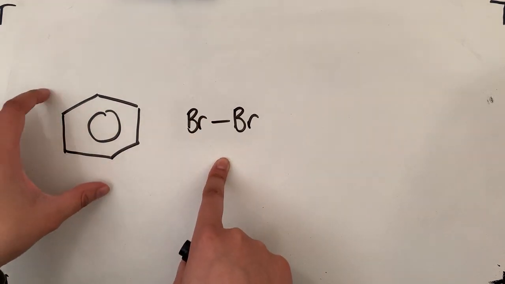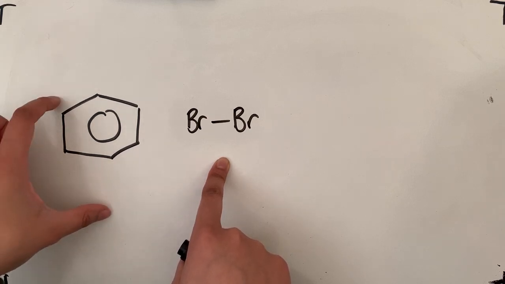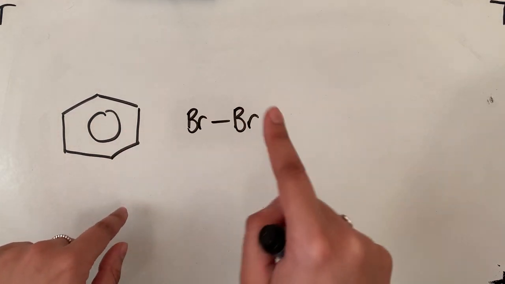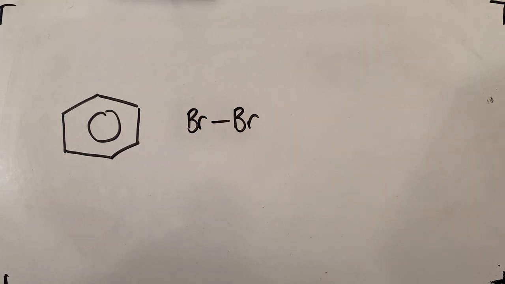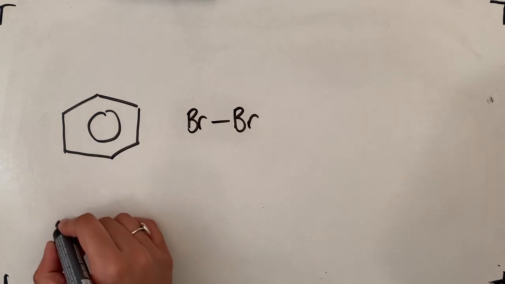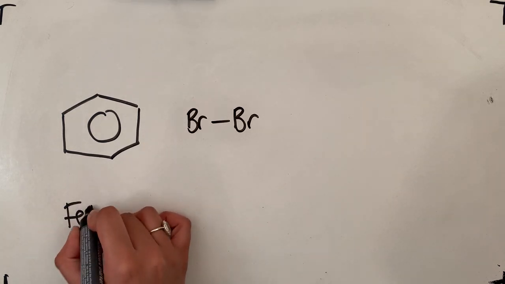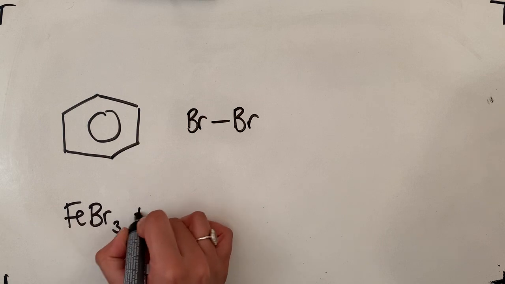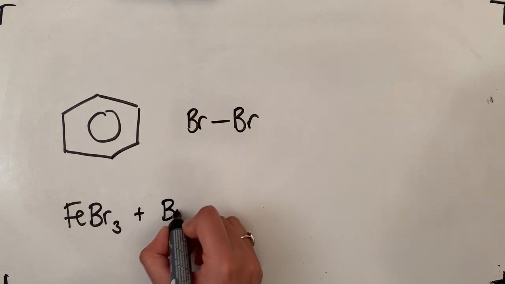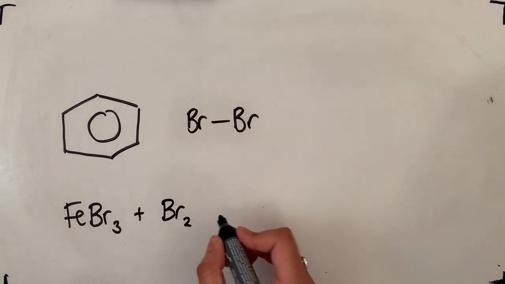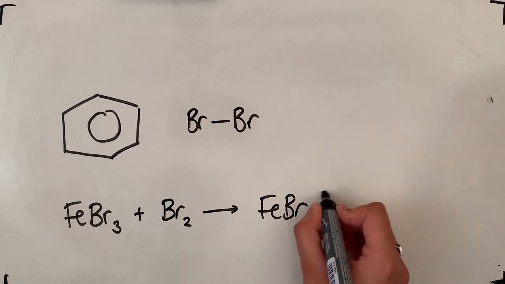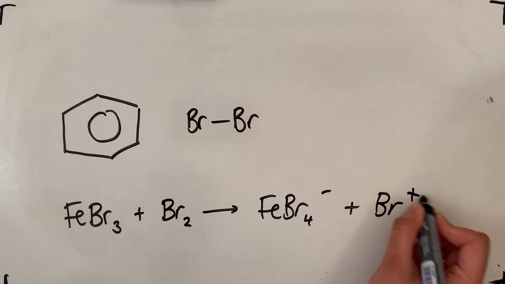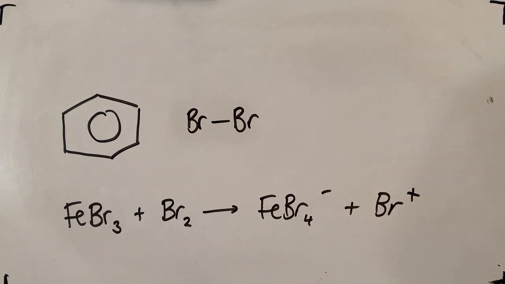So our benzene molecule is not electron rich enough to induce a dipole across the bromine-bromine bond, and because of that we need to have a halogen carrier which carries out this step for us. So if I just go for FeBr3 and then that bromine molecule there, that then forms this species for us.